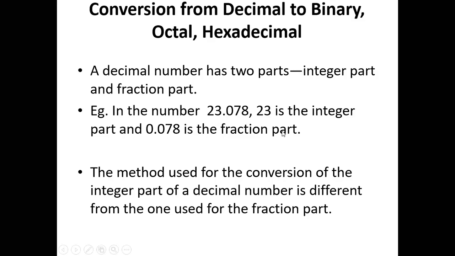When we want to convert from decimal to another number system, the integer part will be converted differently from the fractional part of the number. So that's important to take note of.